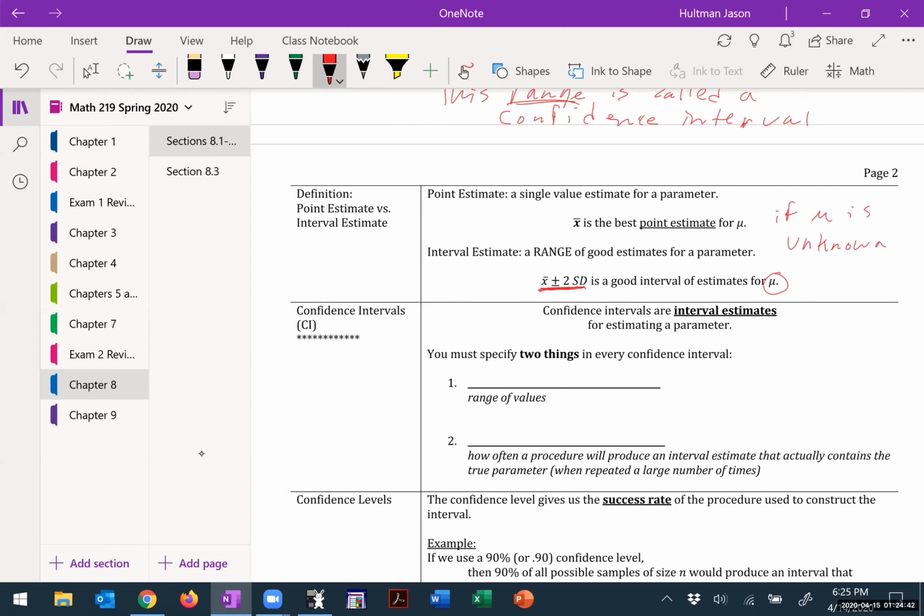How would I estimate what the true parameter is? That's a mu, not an M. If mu is unknown, where would be a good place to look?